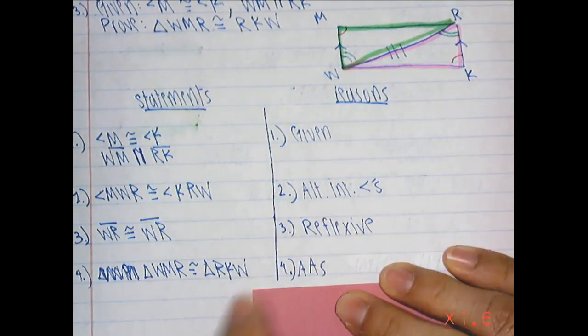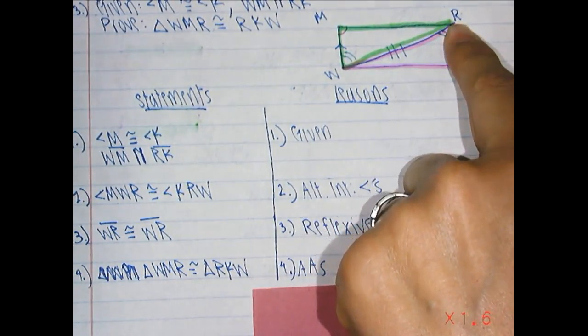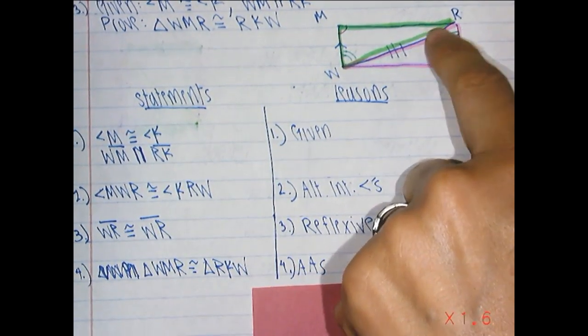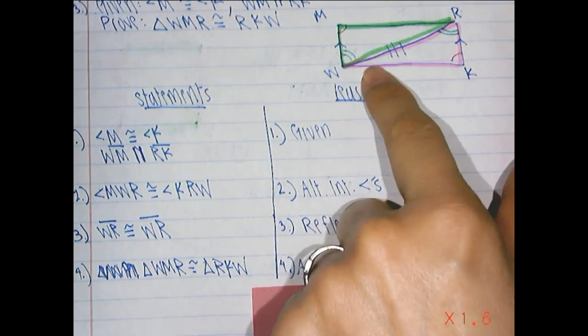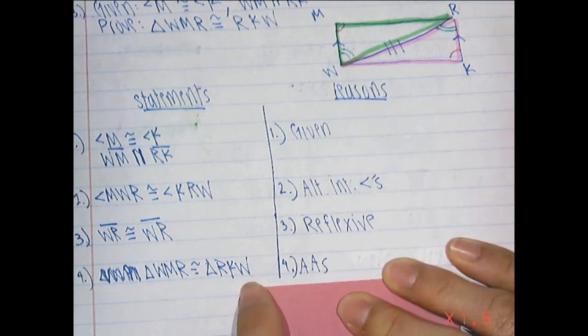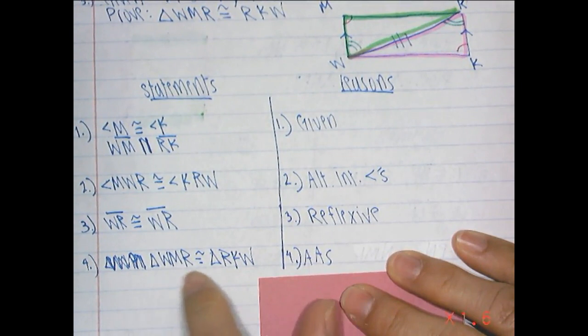So then it has to match with K, and go in the same order as K. And then we move to R up here, and R of the green triangle has no lines, so we look on our pink triangle. W of the pink triangle has no arcs, no congruency markers, so it matches up with R. The order of these letters with triangle congruency is very important.